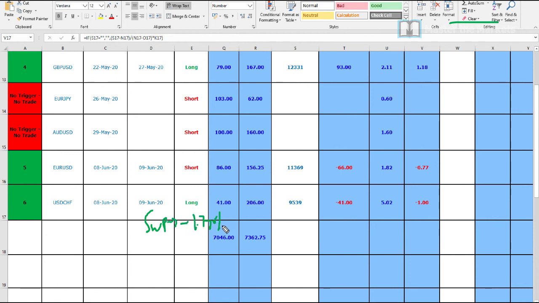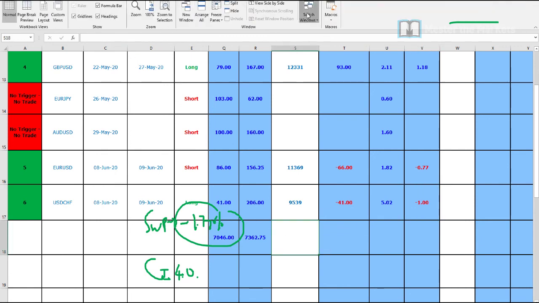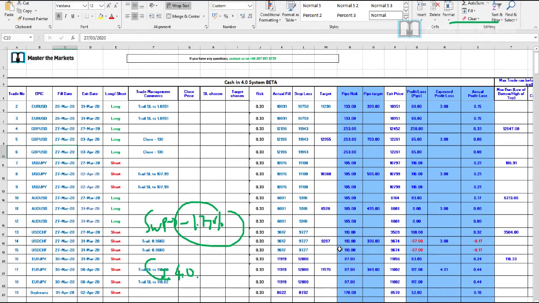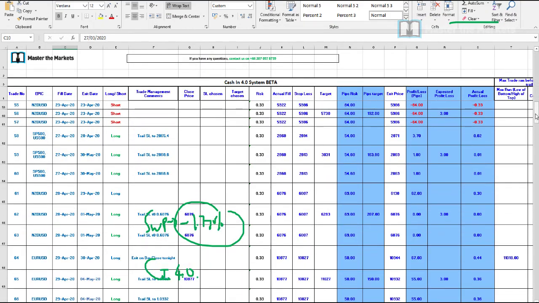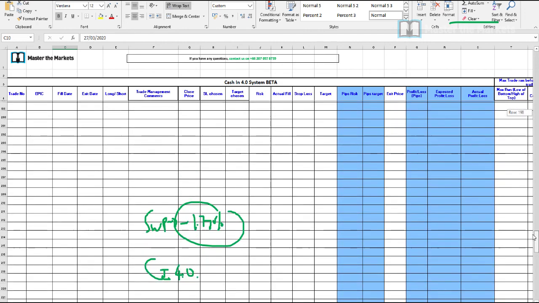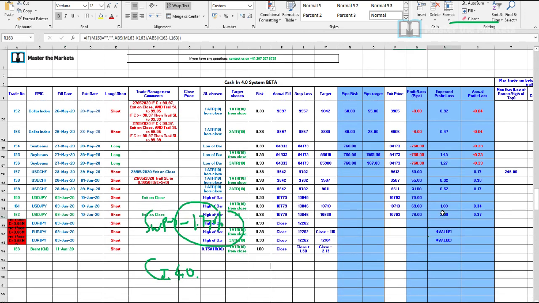Minus 1.77%. In terms of Cash in 4.0, in terms of the LTR from the elite signals that we are giving out, if I take a look over here, you can see that these two positions that we have taken in a 3 position split is what we're doing.